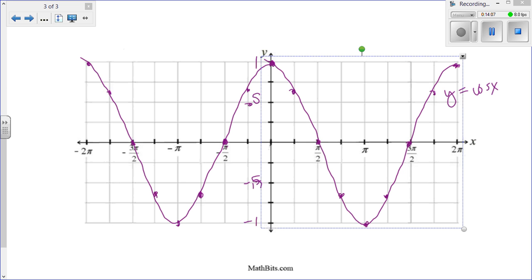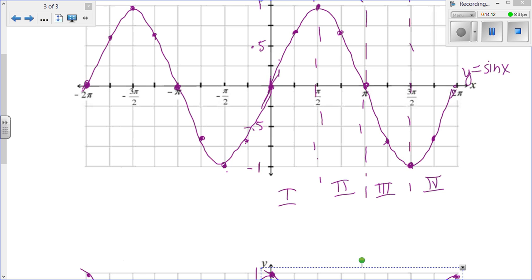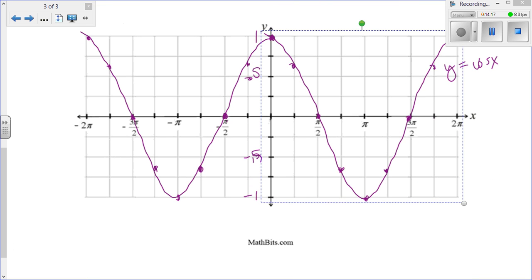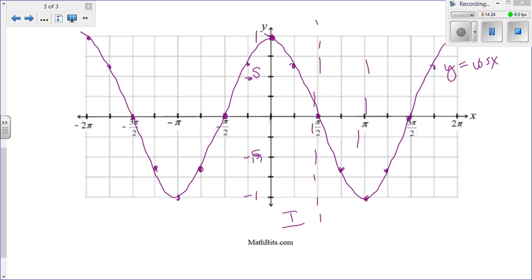Notice this graph reflects over the y-axis, whereas my sine graph reflects through the origin. Going back up above, this is quadrant 1, this is quadrant 2, this is quadrant 3, and this is quadrant 4, and we know that all students take calculus, so quadrants 1 and 4 is where my graph is positive, quadrants 2 and 3 is where it's negative.